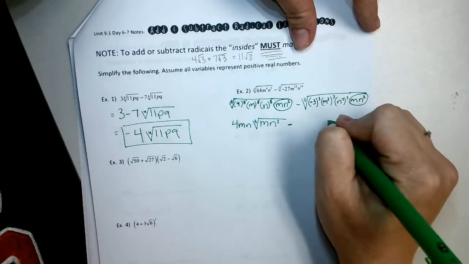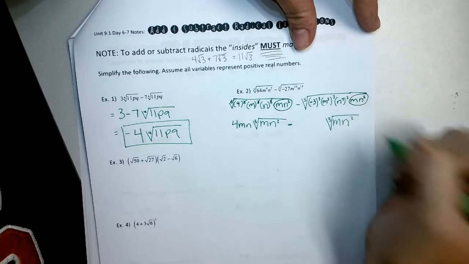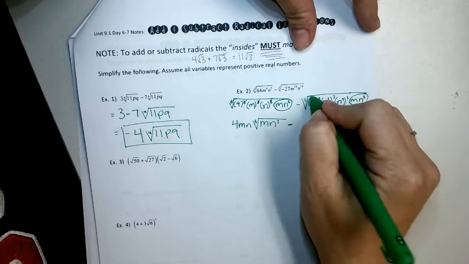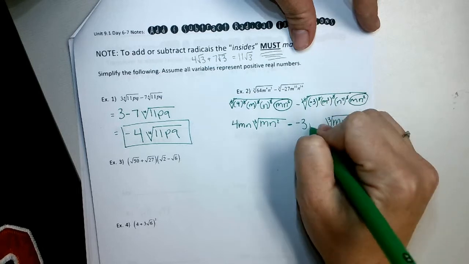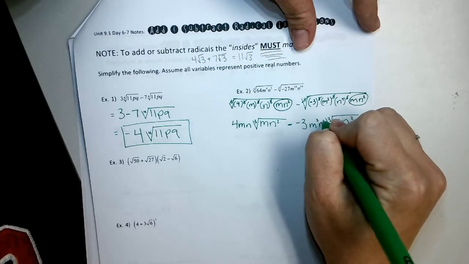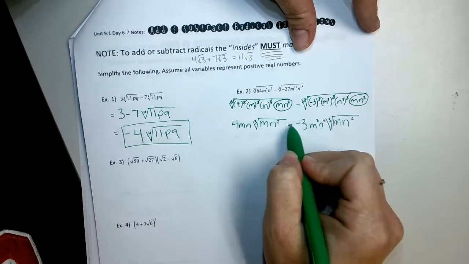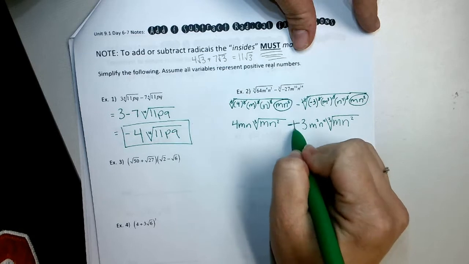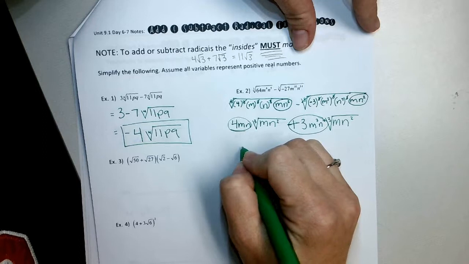So I'm going to go ahead and then the cube root cancels this cube, and this cube. So I have negative 3 m cubed n to the 4th power. Two negatives makes a positive. And I'm going to combine what's in front now that the roots match.